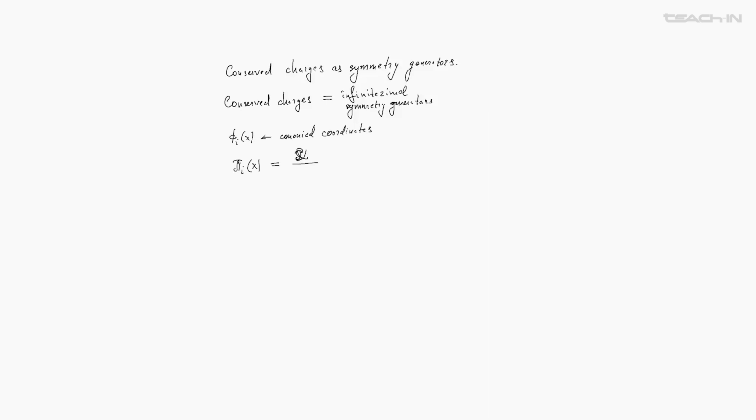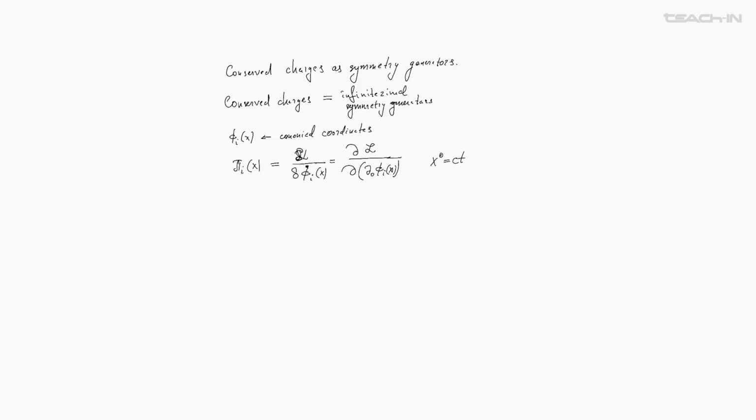velocity of our field. So as usual in classical mechanics, you know that momentum is a derivative of the Lagrangian with respect to velocity. And in this case, derivative with respect to velocity, you can also write as a derivative of the Lagrangian density with respect to partial_0 phi_I(x), where I recall that partial_0 is a derivative with respect to x^0, which is the same as speed of light multiplied by t.